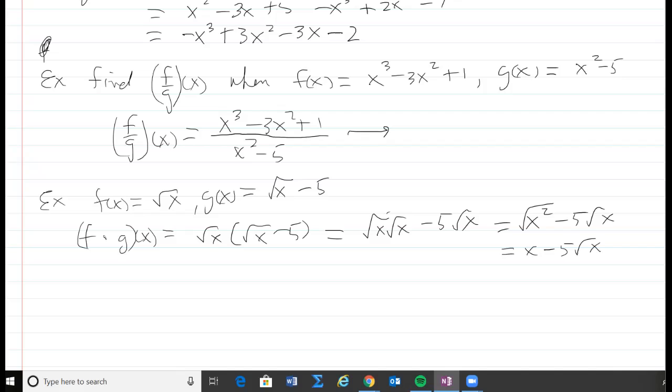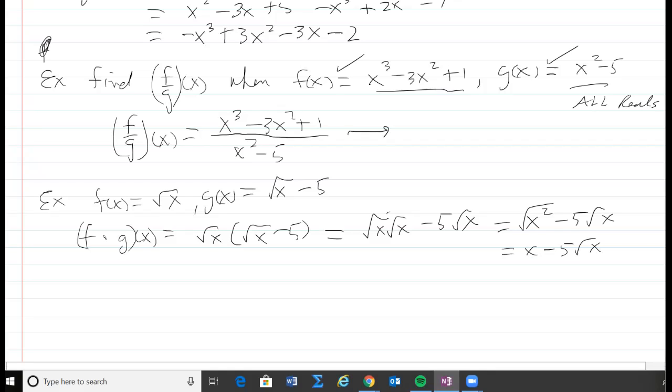The domains now of these new functions can be different from the originals. Notice the original two functions, the implied domain is all reals. When you look at these individuals, f and g, there's no restrictions on x. But when you throw this in here, we have to make sure that the denominator is not 0.